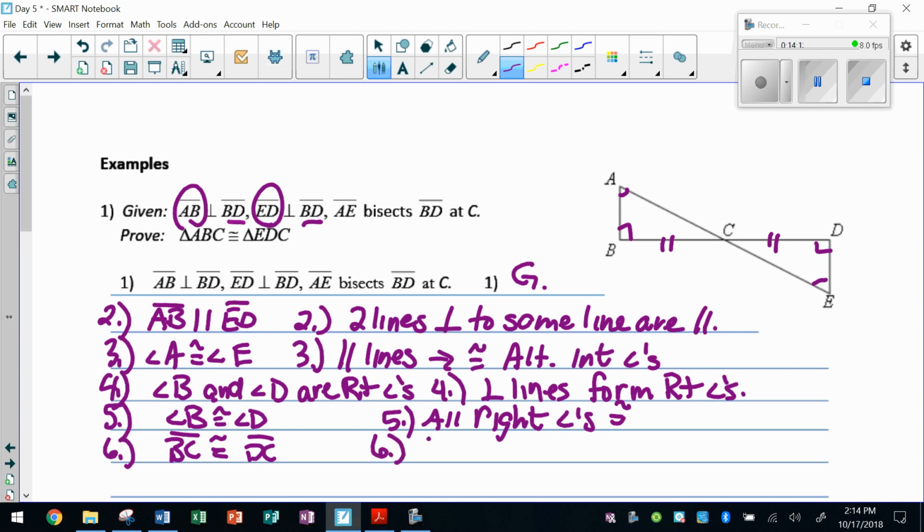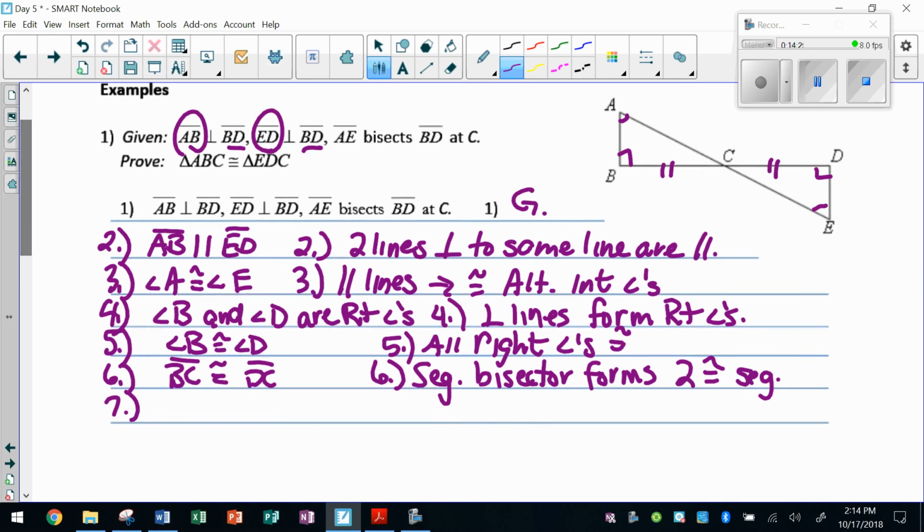So segment bisector forms two congruent segments. And step 7, we have now all three of the congruencies stated. So triangle ABC is congruent to triangle EDC, and that is because of angle side congruency. QED.